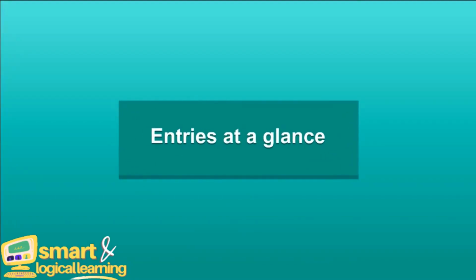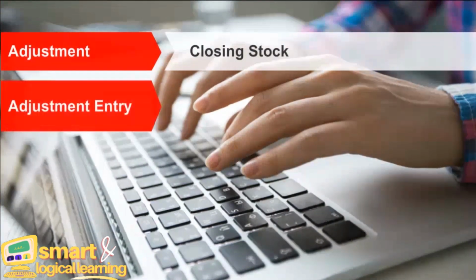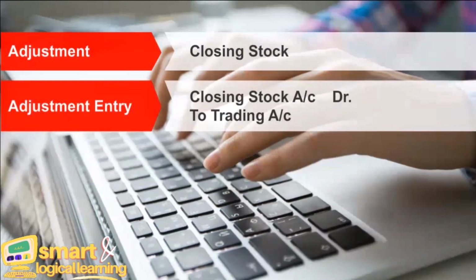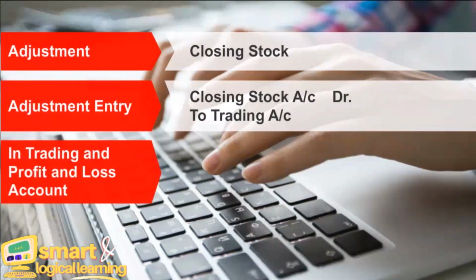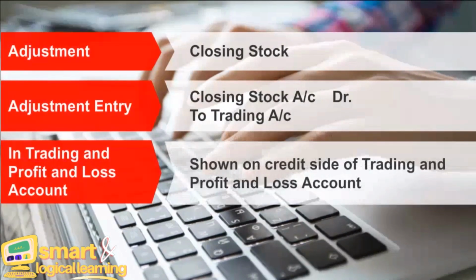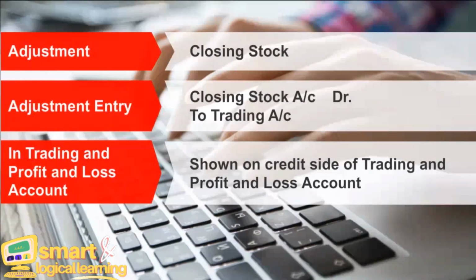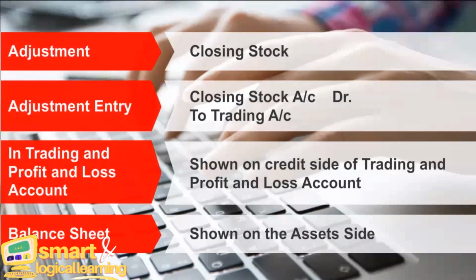Entries at a glance. Adjustment: closing stock. Adjustment entry: closing stock account debited to trading account. In the trading and profit and loss account, it is shown on the credit side; in the balance sheet, it is shown on the asset side.